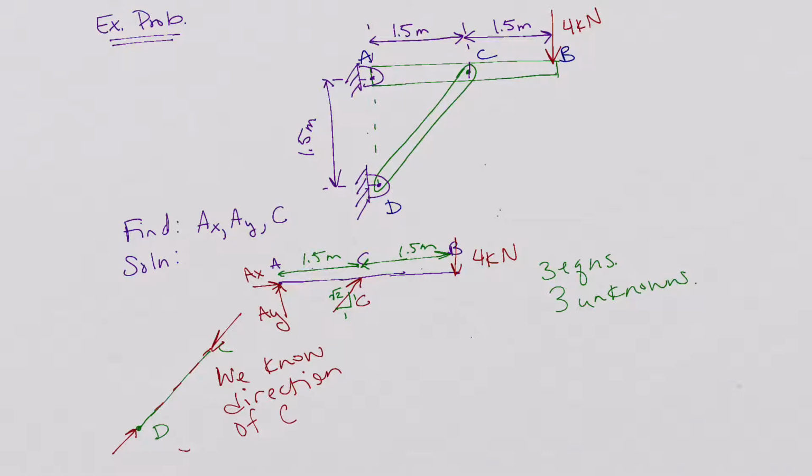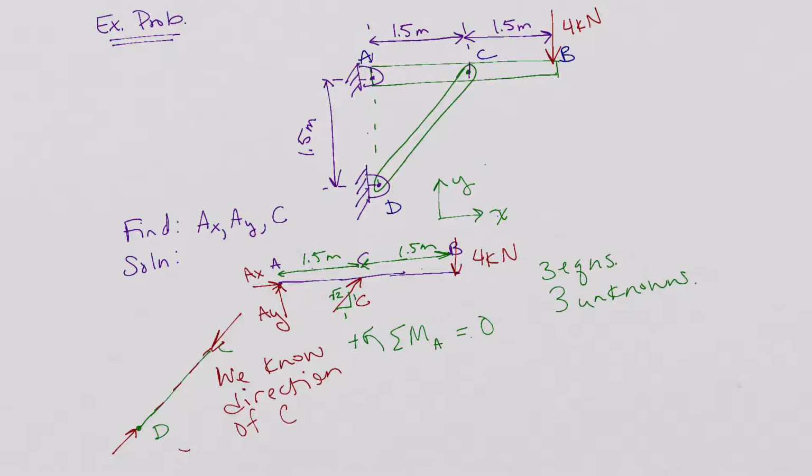So to finish up our free body diagram, we need to have our X and Y directions. We have the sum of the forces in the X direction, the sum of the forces in the Y direction, and the sum of the moments equal to 0 as 3 equations. If we sum the moments about a point, I'm going to pick the point that we know the least about, so the sum of the moments about A is equal to 0. And we'll do out of the board as being positive.